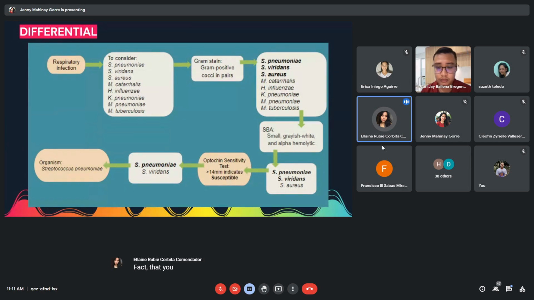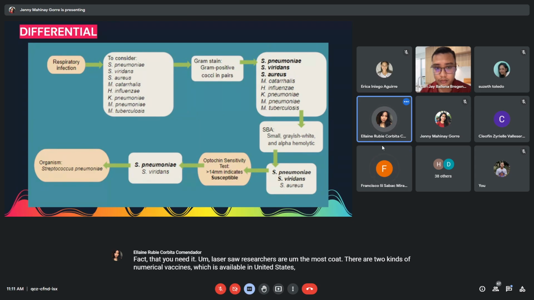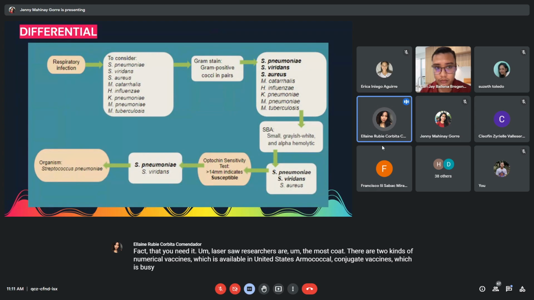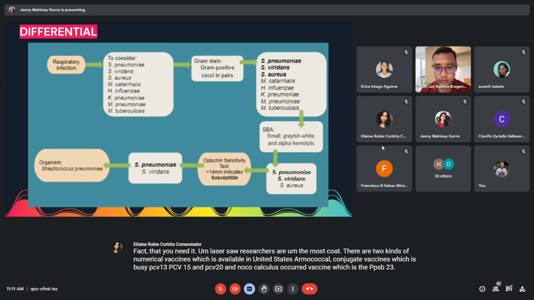Based on research, sir, there are two kinds of pneumococcal vaccines available in the United States: pneumococcal conjugate vaccines, which are PCV13, PCV15, and PCV20, and the pneumococcal polysaccharide vaccine, which is PPSV23. Okay.